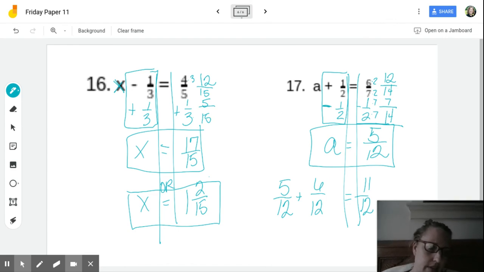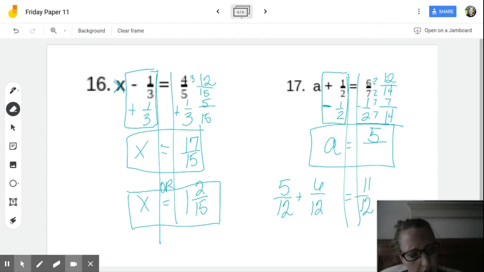Minus a half, 7/14. 6 times 2 is 12. 11, 10, 9, 8, 7, 6, 5. Oh, look what I did. See, this is exactly why we plug these back in. Do you see what I did wrong? These are not going to be 12s. It's 14. See my fraction, what it should be?